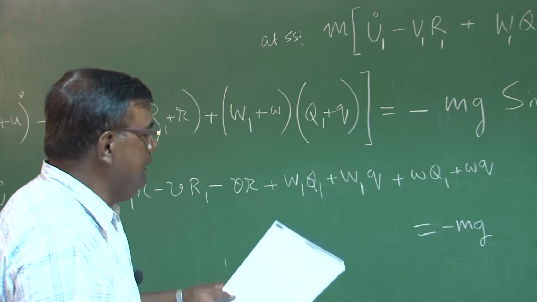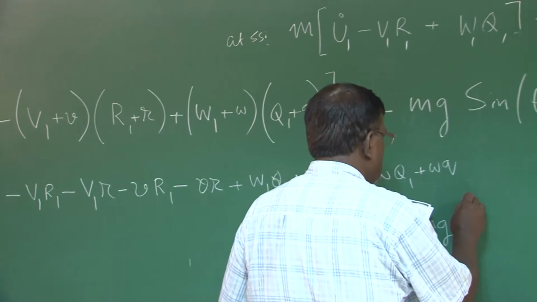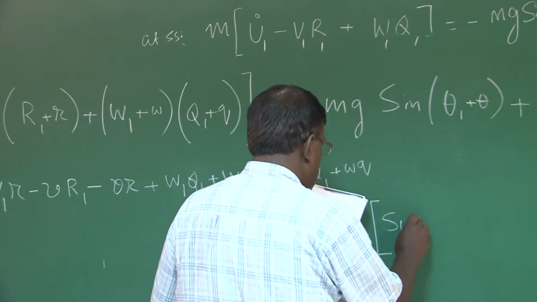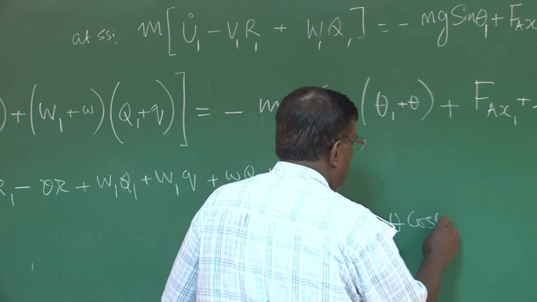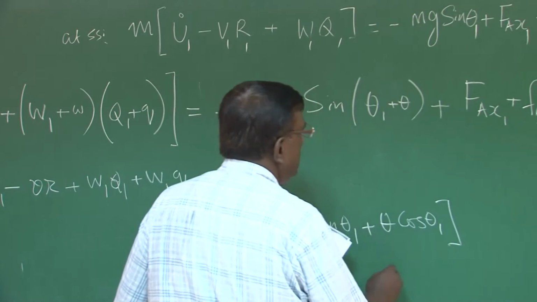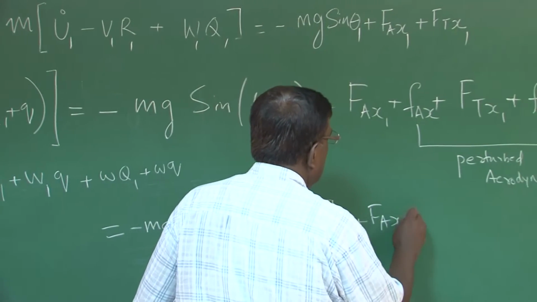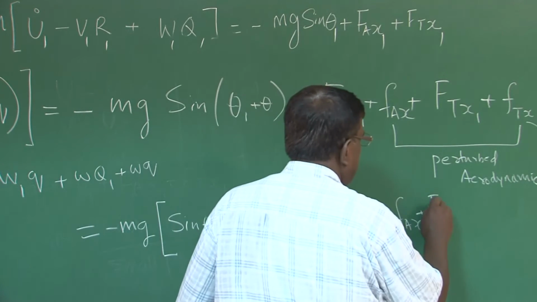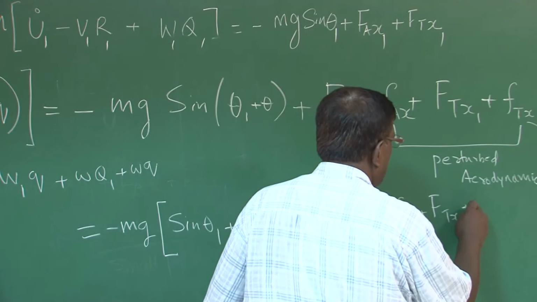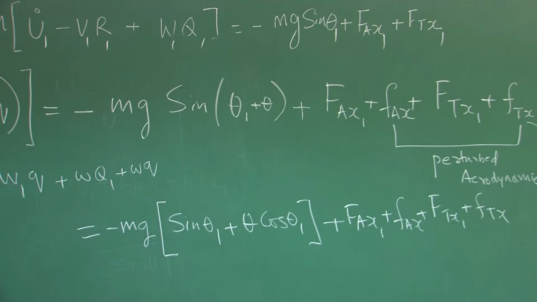For sin theta 1 plus theta, we are going to write sin theta 1 plus theta cos theta 1, and then the terms remain FAX1 plus FAX plus FPX1 plus FPX. Just mechanical, okay? Nothing extraordinary we are doing.